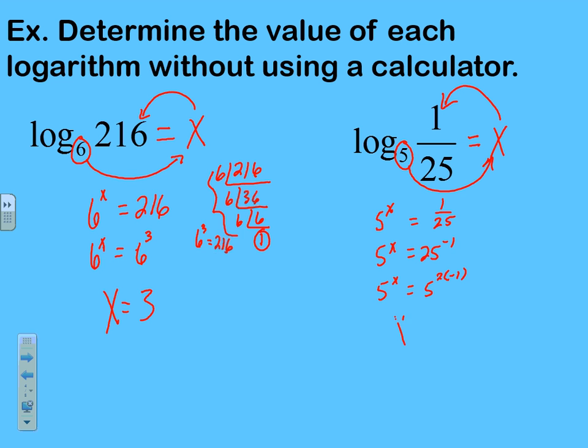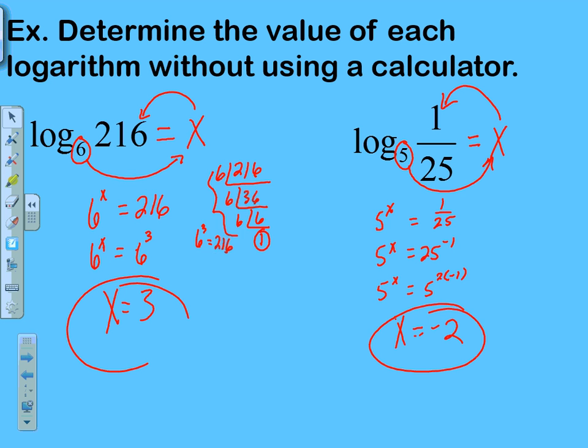So that is going to tell me that x would be equal to negative 2. And so this is how we're going to be evaluating a logarithm: what would that simplify to be? In this case, log base 6 of 216 is going to be equal to 3, and log base 5 of 1/25 is going to be equal to negative 2.